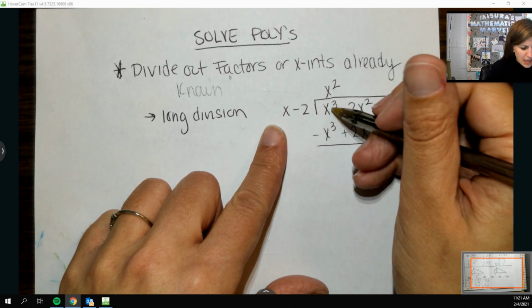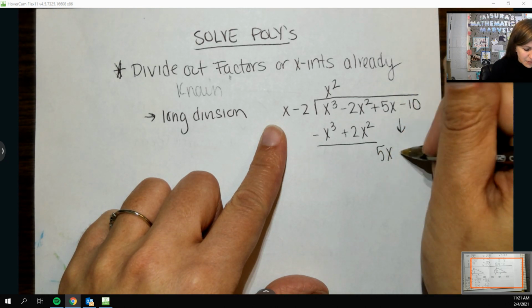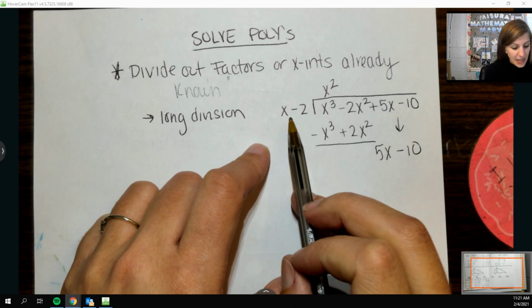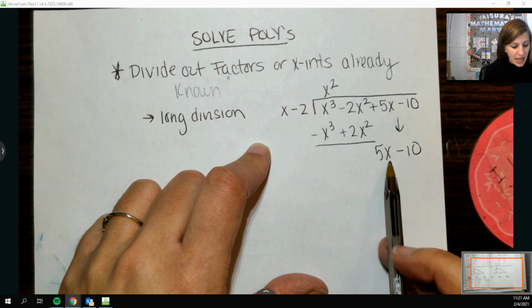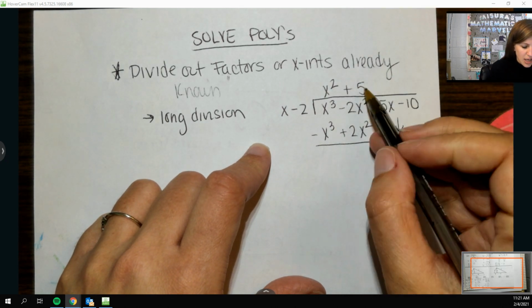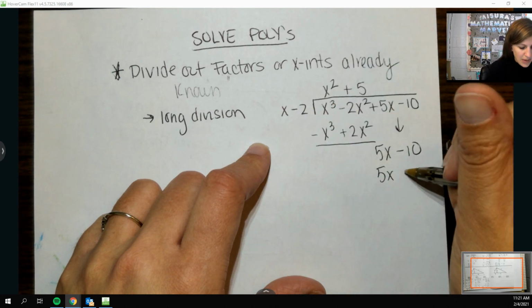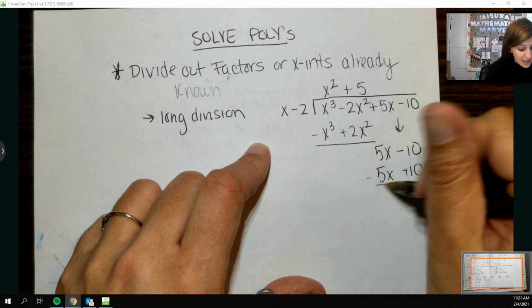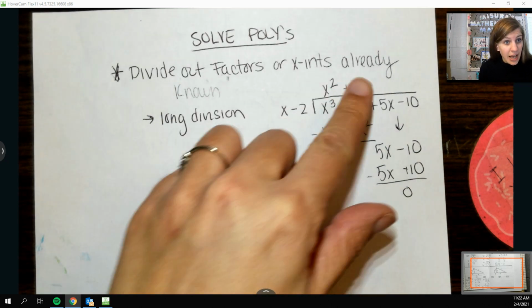And so we're left with 0 here, 0 there. And so I just drop this stuff down. And I'm thinking, how many times will this go into that? This divided by that is just 5, so 5 times. So 5 times each of these is going to be 5x minus 10, which when I subtract everything, leaves me with a remainder of 0, which tells me that this is a factor of that.